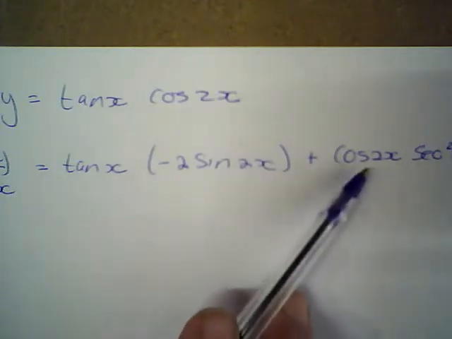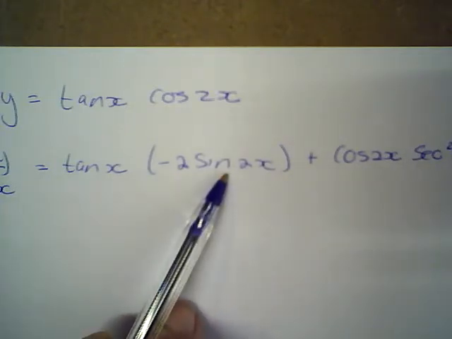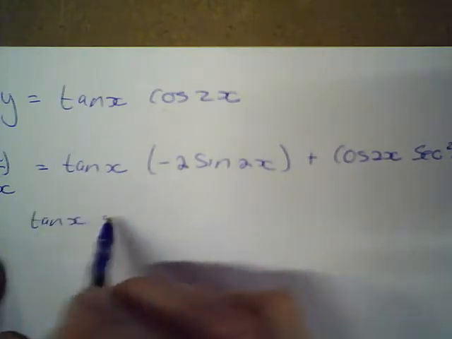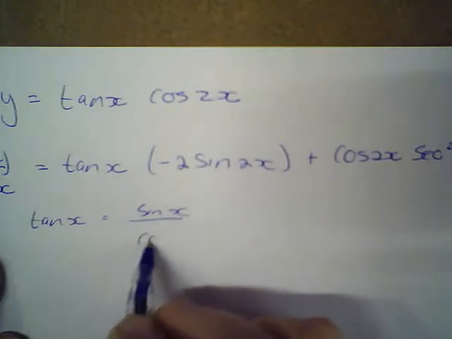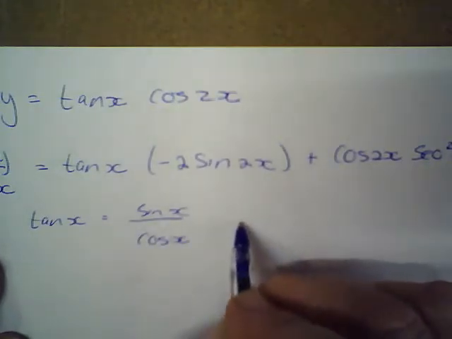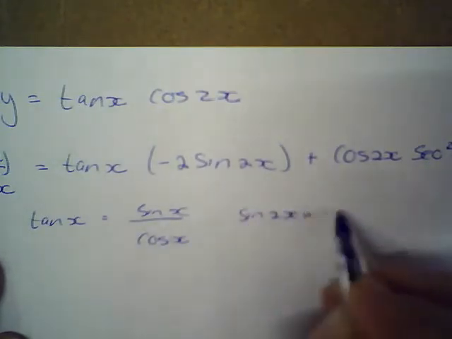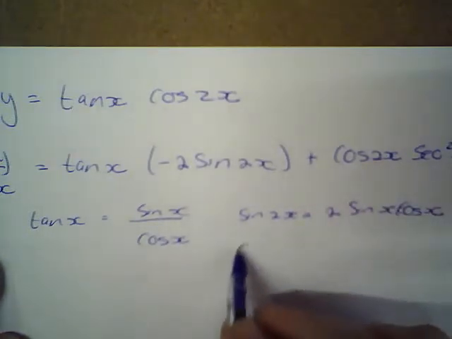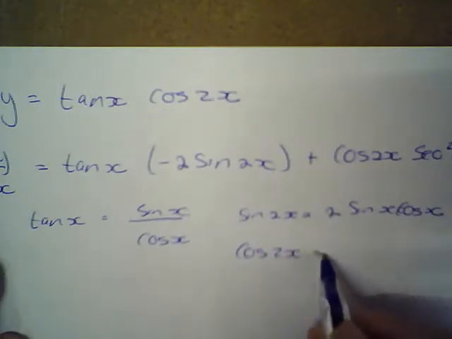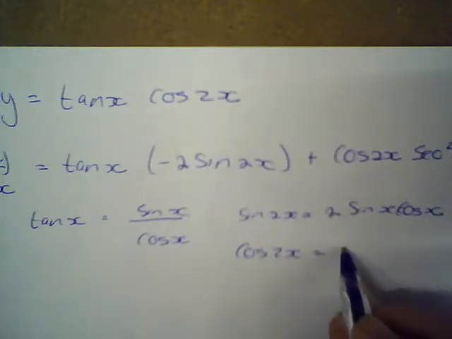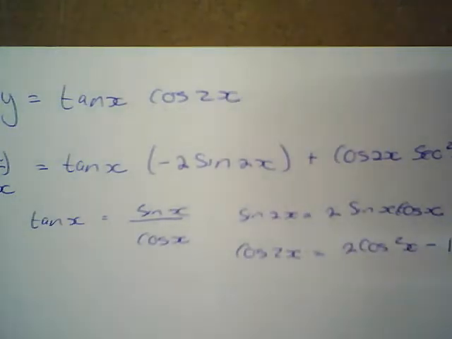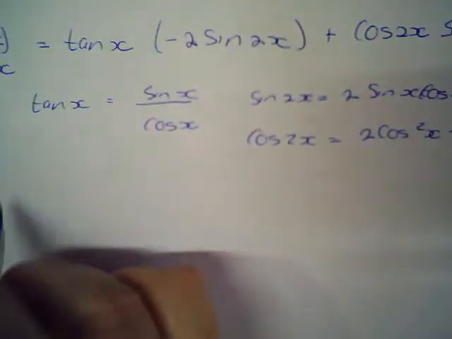I know that I can change this. I know tan x is sine x over cosine x. Sine 2x is 2 sine x cosine x, and cosine 2x would be, let me just check, 2 cosine squared x minus 1. Okay, good. So let's do the substitution of all of those to make our function easier.